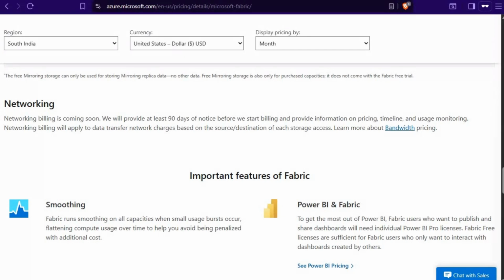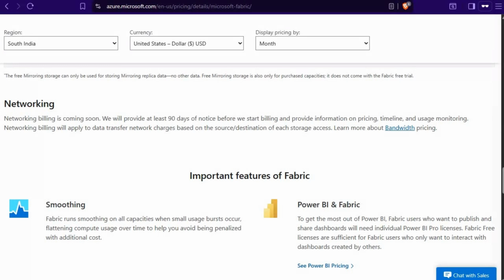Now that you understand the pricing, let's talk about how you can purchase Microsoft Fabric and the different options available to you. Microsoft Fabric can be acquired in a few ways, catering both to self-service purchases and enterprise agreements. The first way is a direct purchase using Azure.